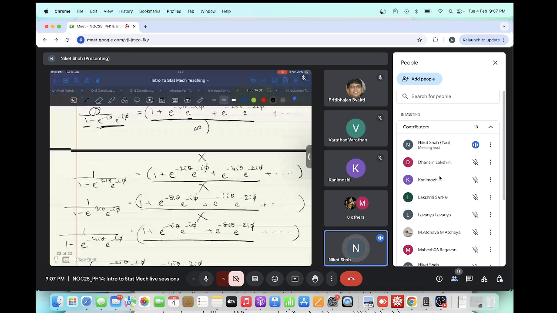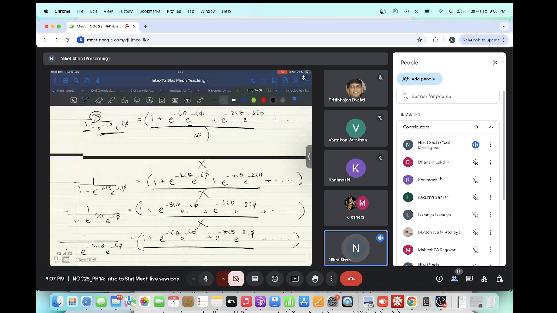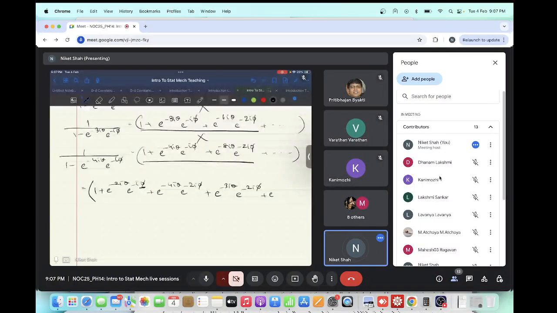I'll write directly plus e raised to power minus 2 I theta e raised to power minus 2 I phi. The other terms will give me 3 or 4 I phi, so I am not writing them.